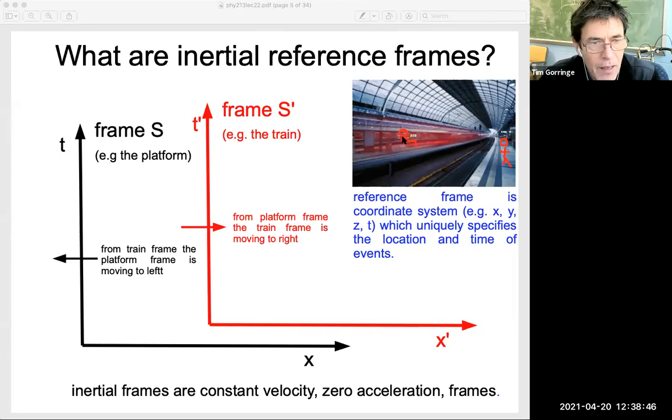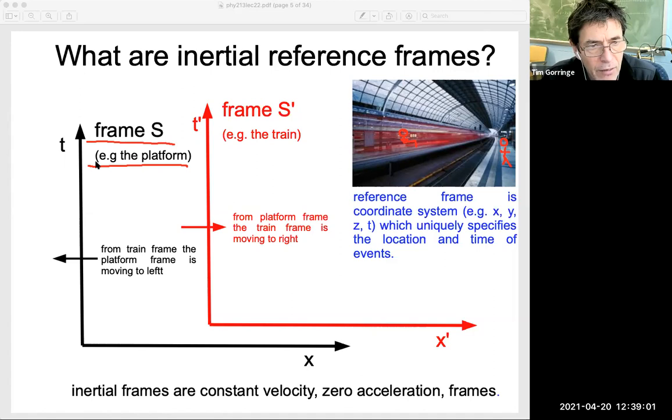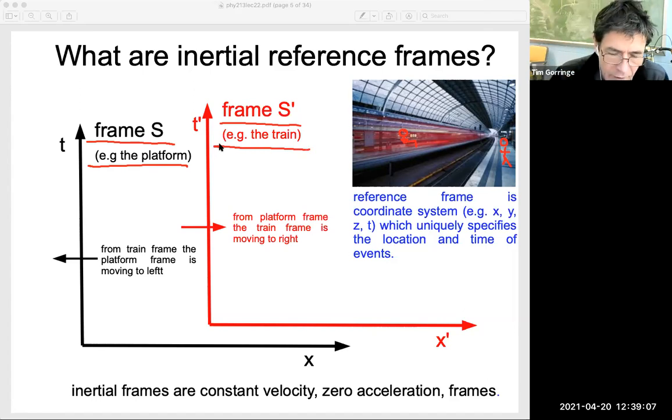And that's a second reference frame that's locked to that moving train. And so I've pictured those two reference frames here. I've called frame S the one that's locked to the platform, and I've called frame S prime the one that's locked to the train.